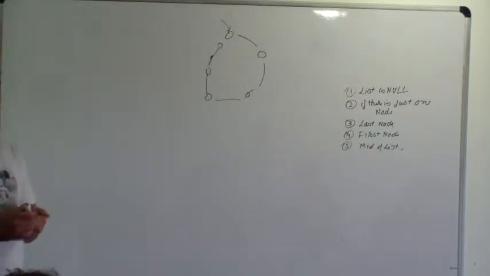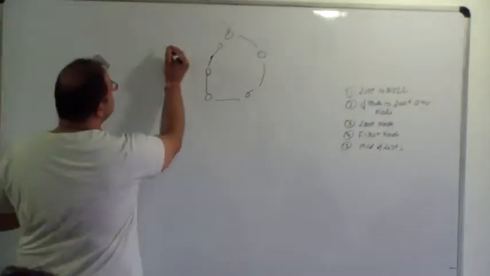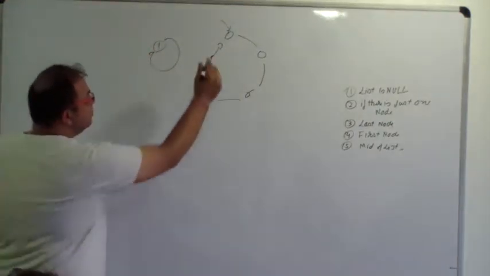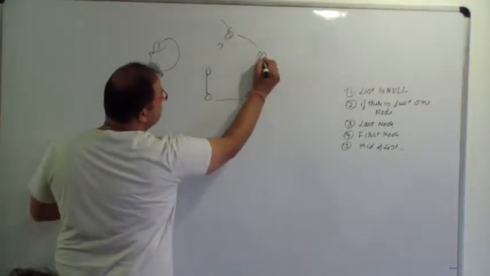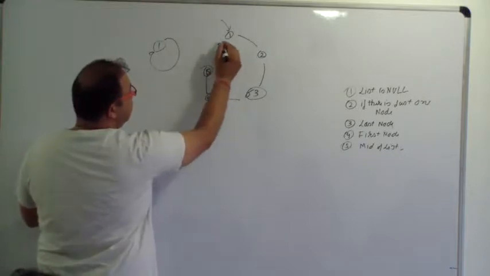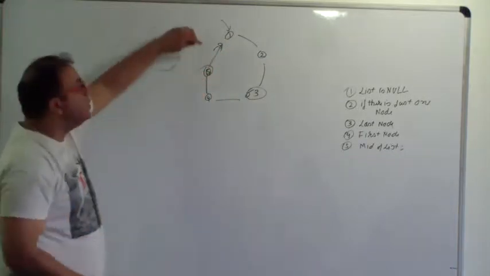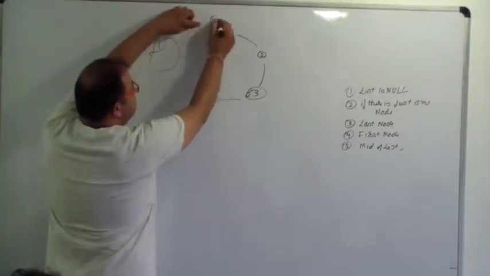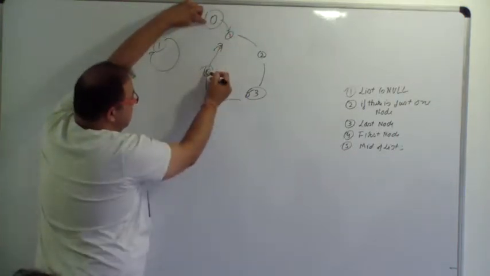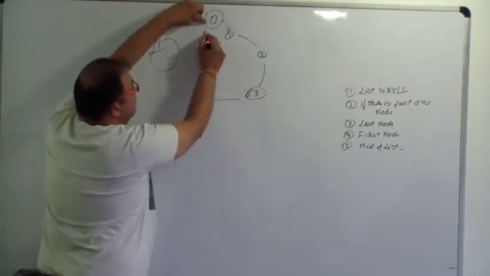So if there is just one node, let's say 1 is there and it is pointing back. But if this was the list 1, 2, 3, 4, 5, and you try to add 0, you would have to create a node 0 and point it to the first node, and then point the last node back to this.